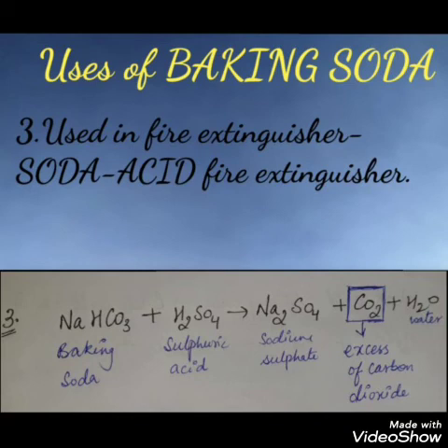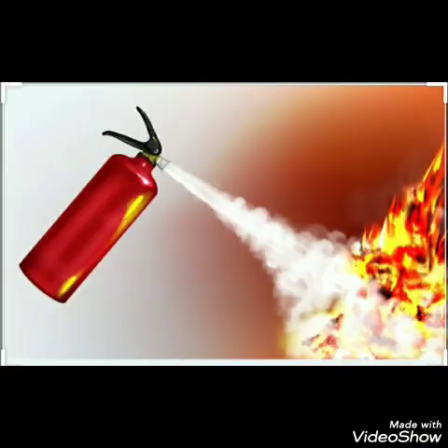When the knob of the fire extinguisher is pressed, sulfuric acid mixes with sodium bicarbonate solution to produce a lot of carbon dioxide gas, which forms a blanket around the burning substance and cuts off the supply of air to the burning substance. Since the supply of air is cut off, the process of burning stops and fire gets extinguished.